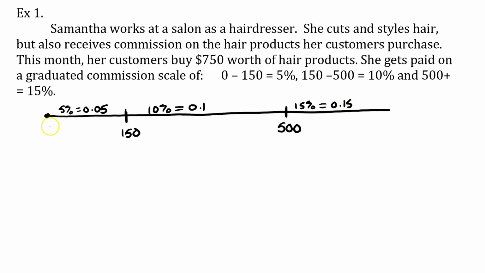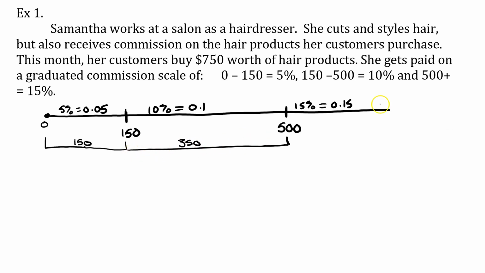So just to set this up, between 0 and 150, that's $150. Between 150 to 500, that is 350, because you take 500 and you subtract 150 to get this portion here.